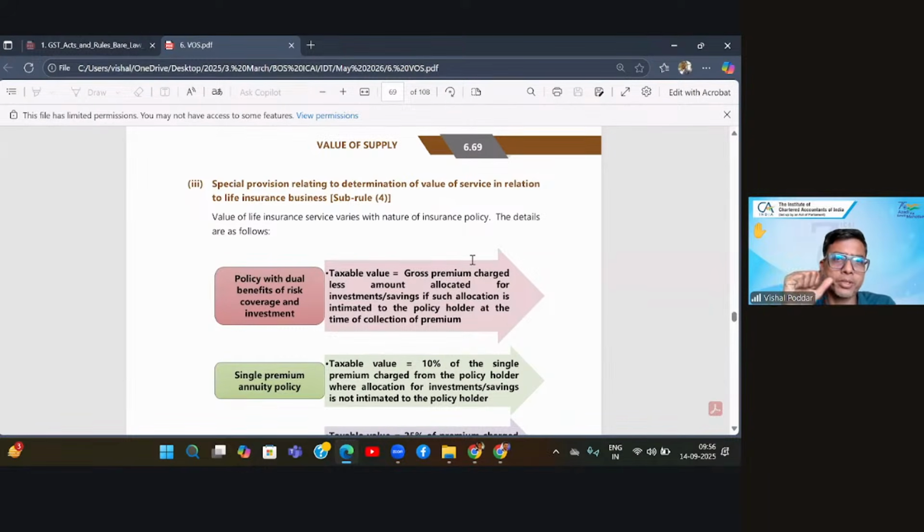Now, we come to the service of the life insurance company. Interestingly, the above service was not of the airline company, it was of the airline agent. Even in insurance we have agents, but here the service valuation is not of the agent. Here the service valuation is of the insurance company's service, that is, of the policy.